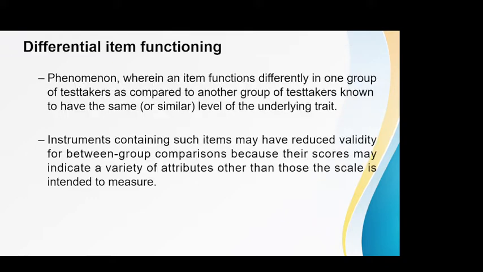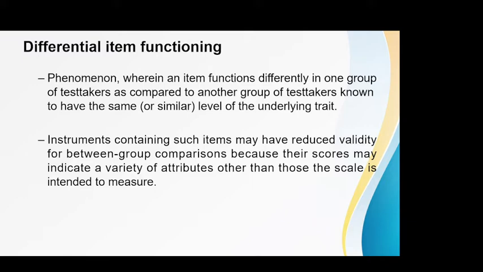This is a phenomenon wherein an item functions differently in one group of test takers as compared to another group of test takers known to have the same or similar level of the underlying trait. An instrument containing such items may have reduced validity for between group comparisons, because scores may indicate a variety of attributes other than those the scale is intended to measure.